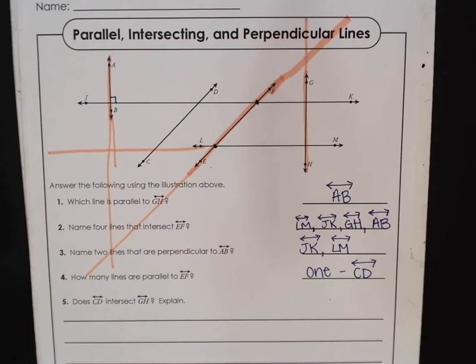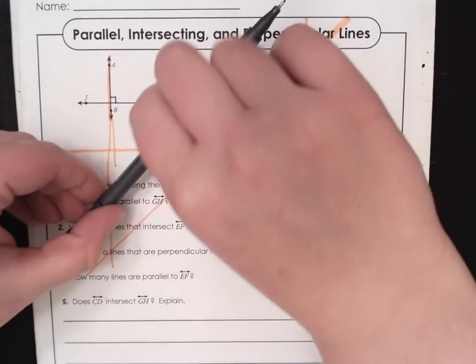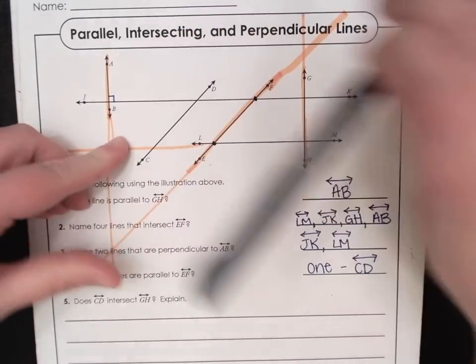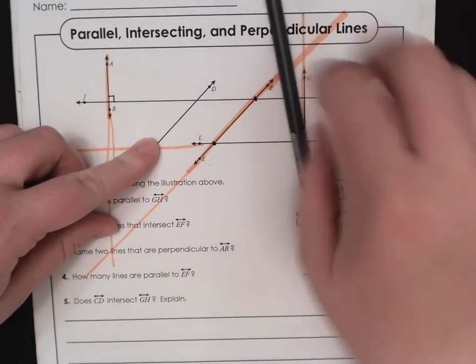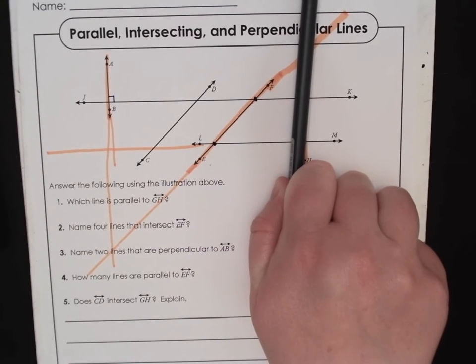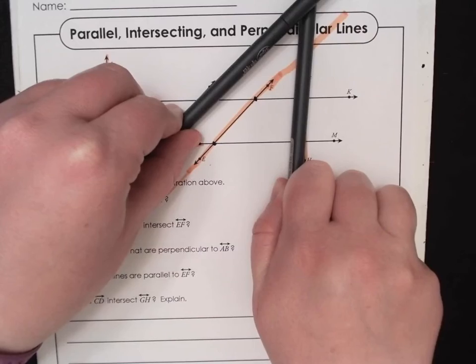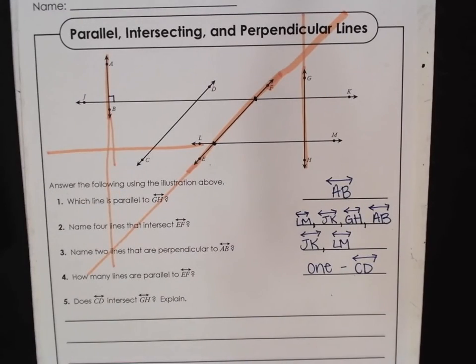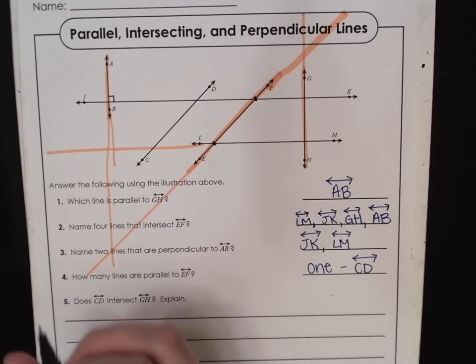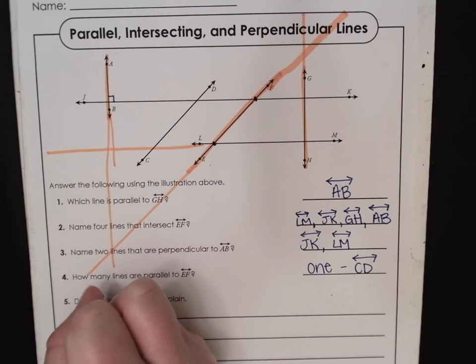And number 5 says, does line CD intersect line GH? Explain. So here is line CD, and here is line GH. If you extend both of those, yes, those lines will intersect. They'll eventually cross right over without forming a right angle, so they are just intersecting.